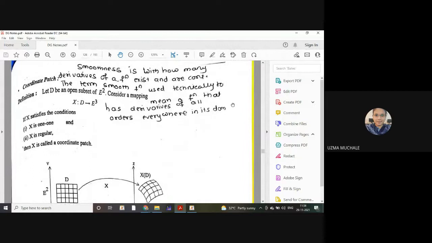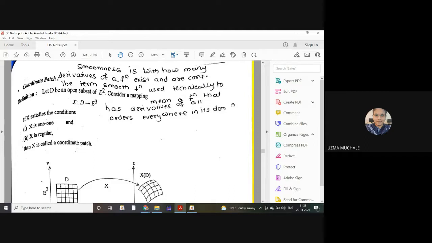Now let us go to the next point, that is a coordinate patch. Any doubt about the rank and what we have seen about the regular mapping? No, ma'am. Okay. Now let us see the definition of a coordinate patch. Let D be an open subset of E2.